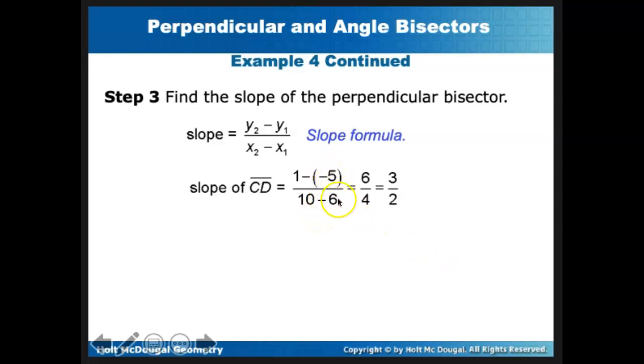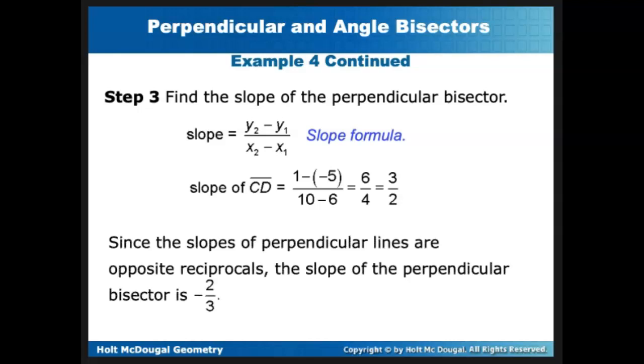Yep, 6, negative 5. So this is going to be the slope of the line because these are both on the original line. And then, of course, we find the perpendicular slope by inverting it, flipping it, and negating it. Since it came out positive, our perpendicular slope will be negative. So it's negative 2 over 3.